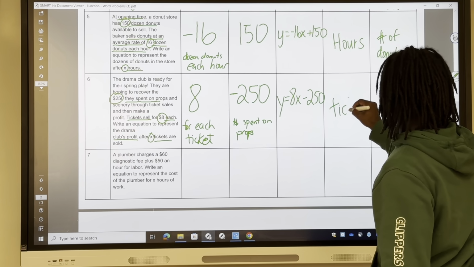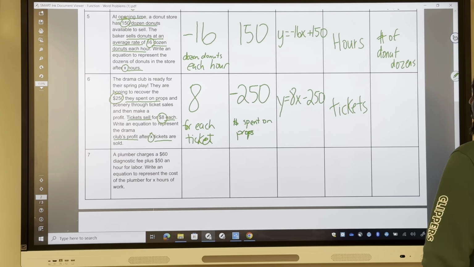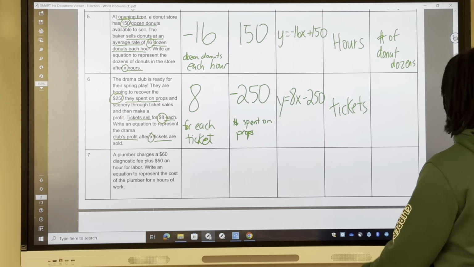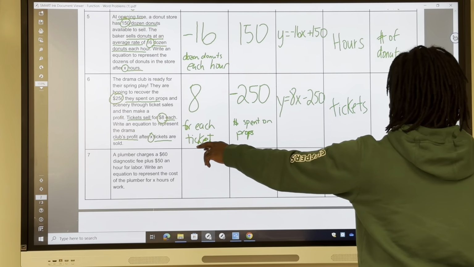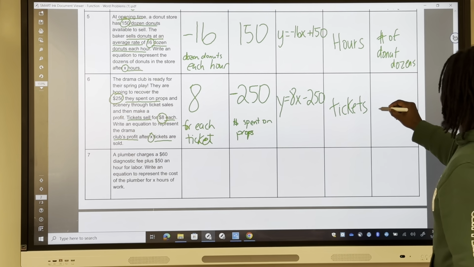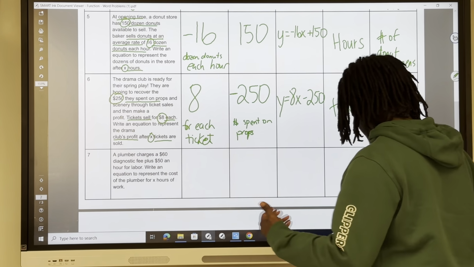It is the number of tickets. Okay, so because for each ticket they're making $8, and then the dependent variable is the money that they're making, which is the profit. Okay, so it's like the money that they make. All right, money that they make. The word for that is profit.